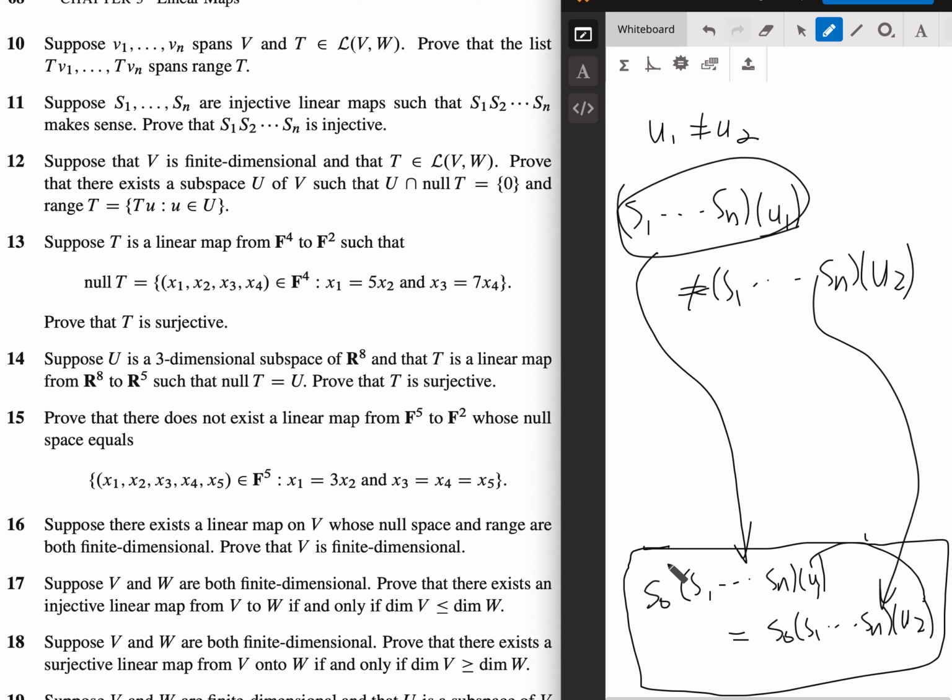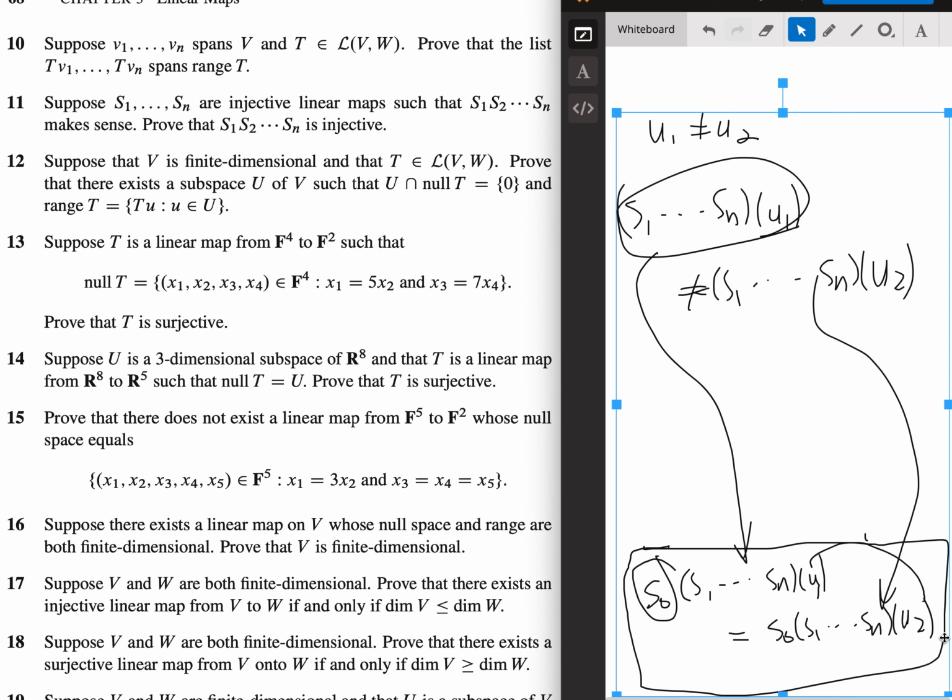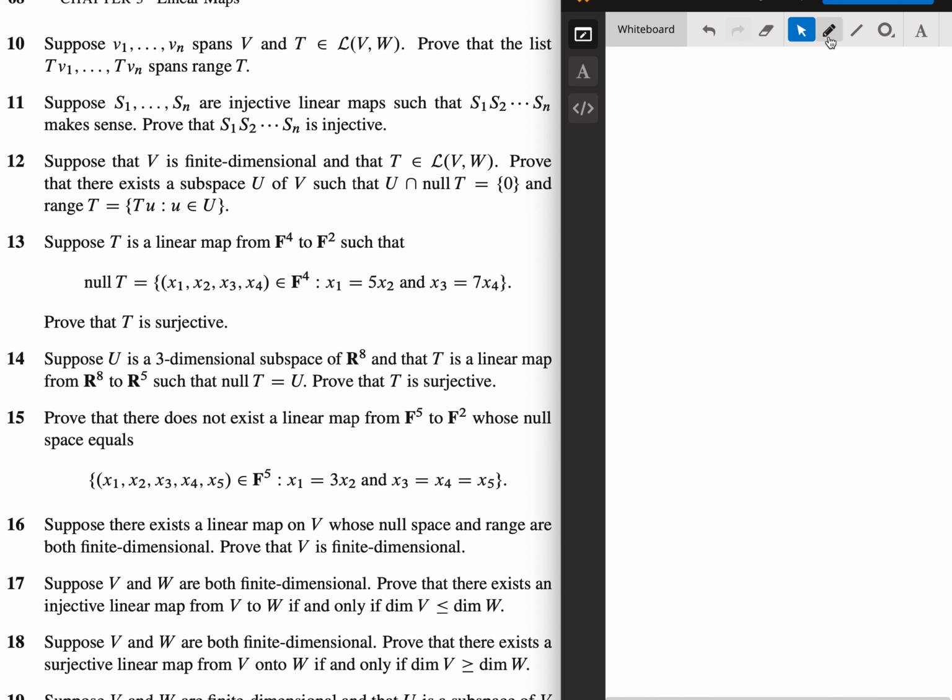And since S0 is injective, with two different inputs you're going to get two different outputs, which contradicts the original assumption that the outputs are the same even though U1 and U2 are different. So that's impossible. That's the inductive case, the inductive hypothesis being shown there.